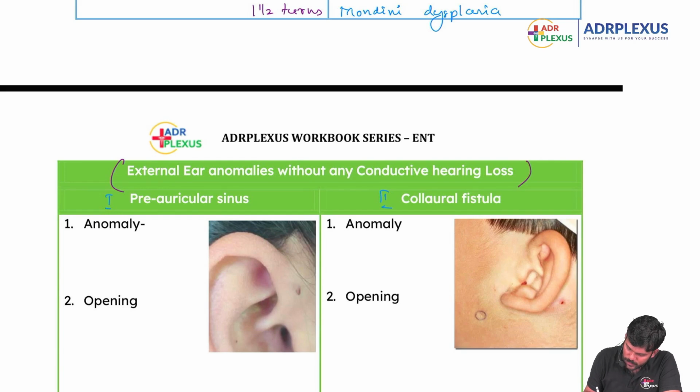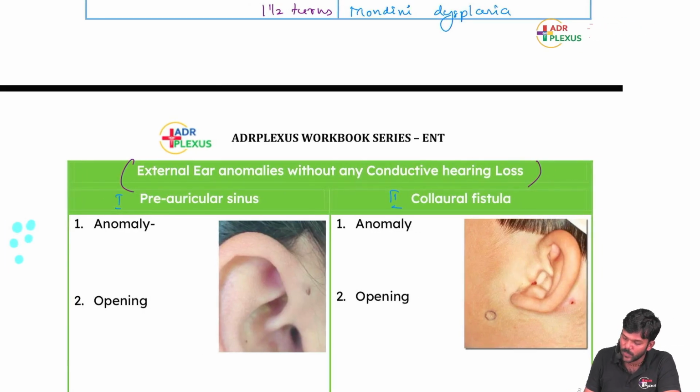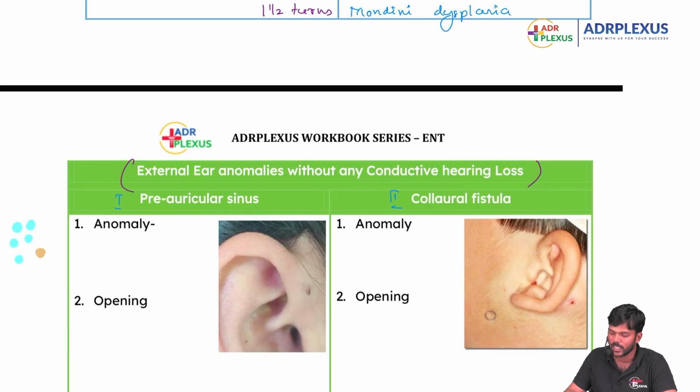See here, this is the first arch derivative. The first five hillocks of His develop from first arch mesenchyme, whereas the sixth hillock of His develops from the second arch. So these two should fuse with each other at a particular point. This is 1 to 5.